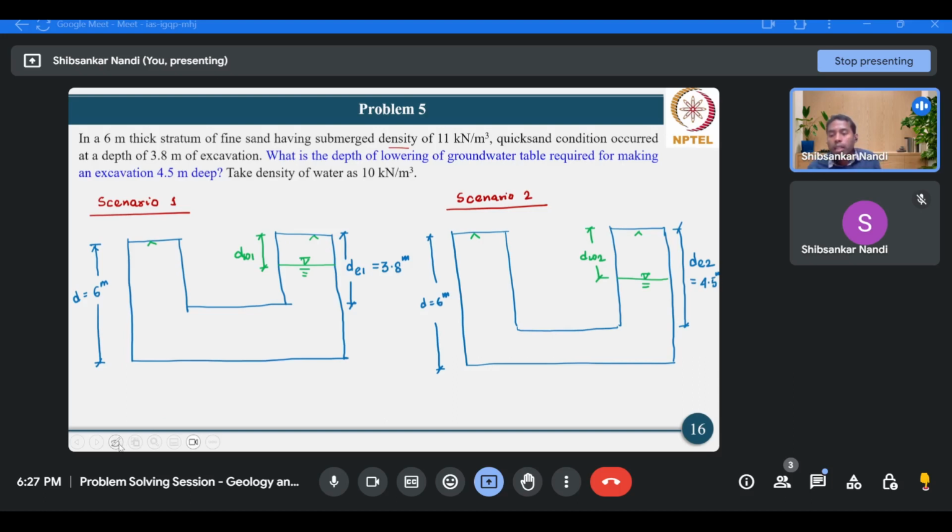Now, quicksand condition occurs when the effective stress at the base of the fine sand stratum becomes 0. So this is the condition for quicksand.